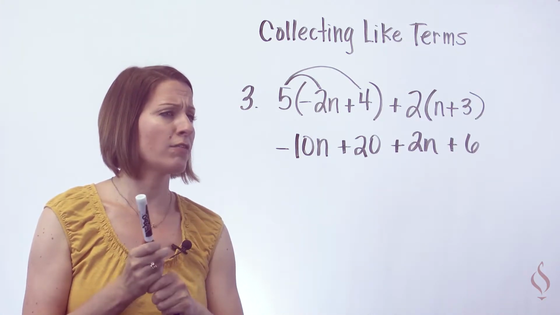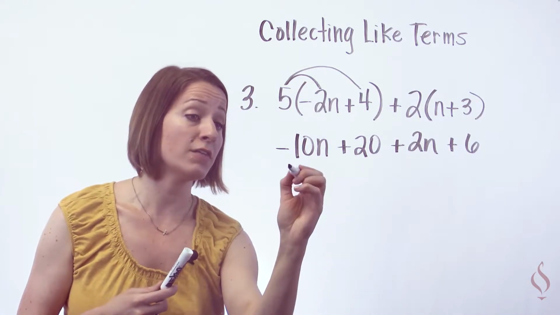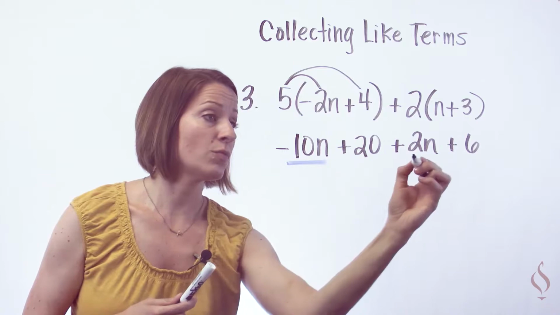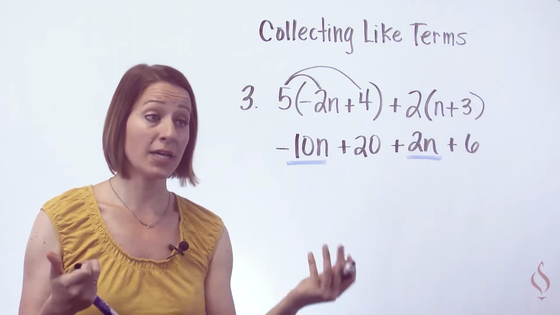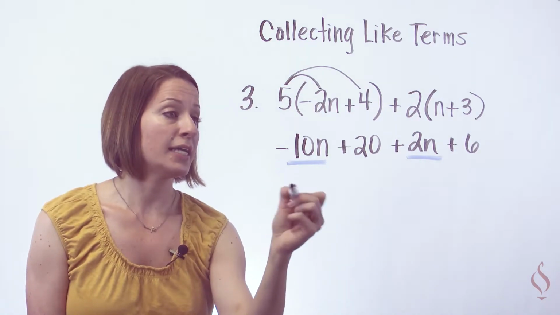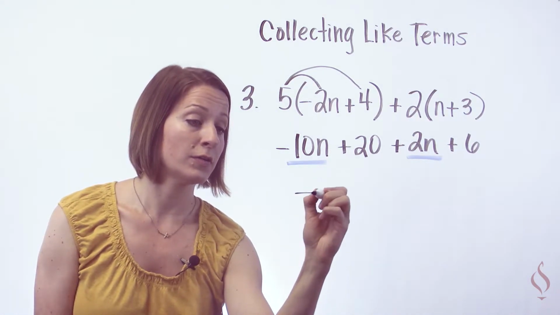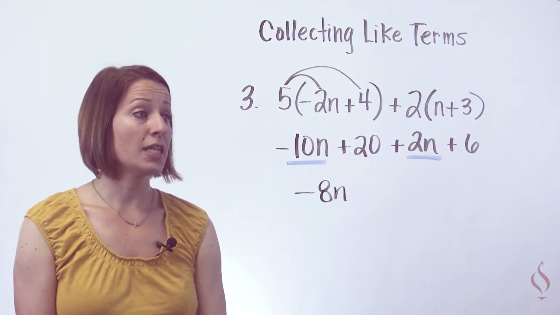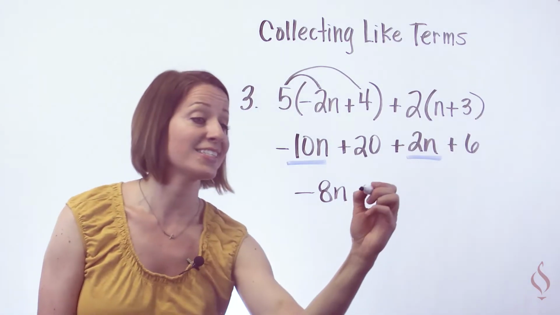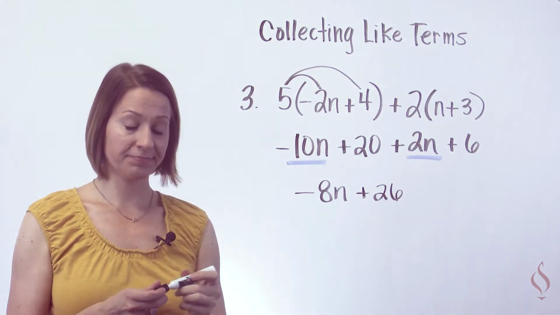Once again, we have constants, the numbers that are by themselves without a variable, and we have the ones with a variable. Same exponent. Negative 10n plus 2n is negative 8n. And then 20 plus 6 is 26.